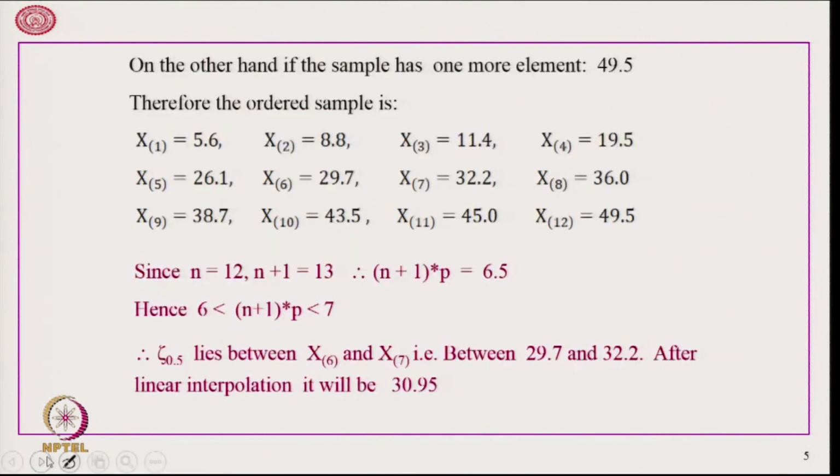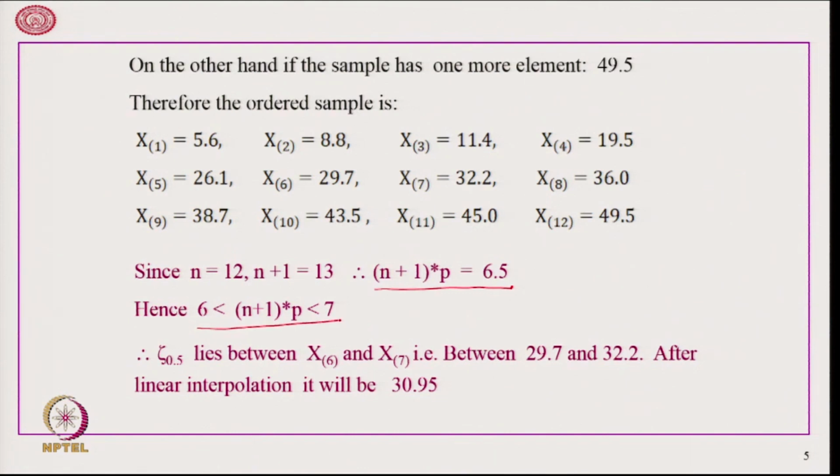On the other hand, suppose there is one additional element, namely 49.5. Therefore, the ordered sample is now x 12 is 49.5, because that is the maximum of all the elements, but in this case n plus 1 into p is equal to 6.5, which is between 6 and 7.